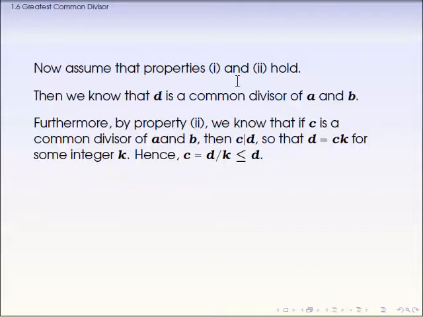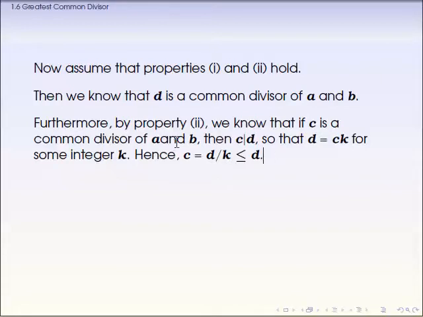Then from property 2, we know that if c is a common divisor of a and b, then c is a divisor of d. Therefore, d can be written as c times k for some integer k, which means c is actually d over k. That means c is less than or equal to d.